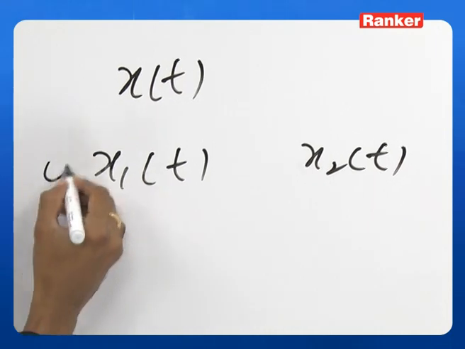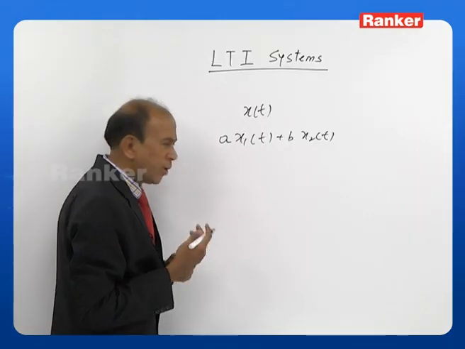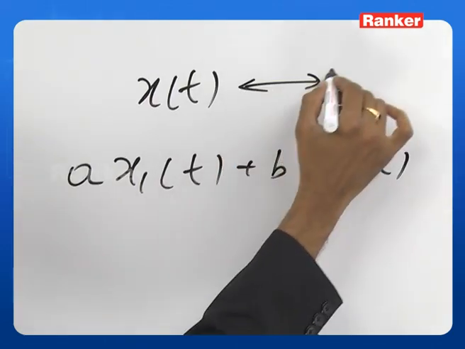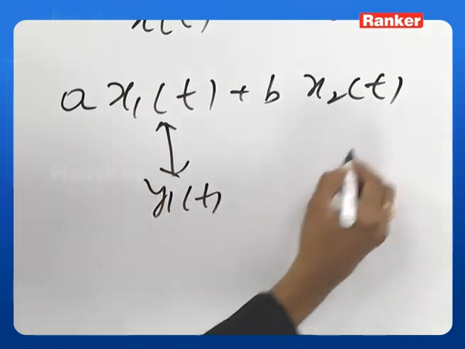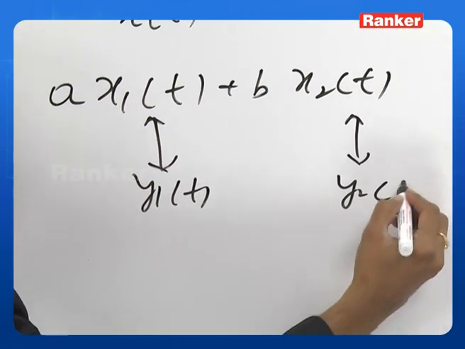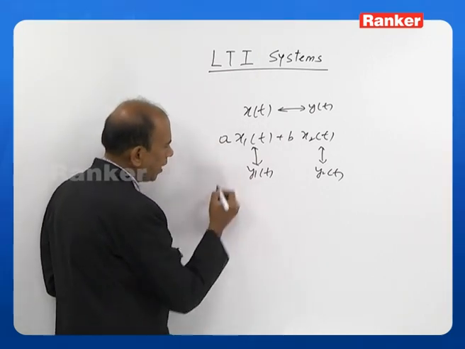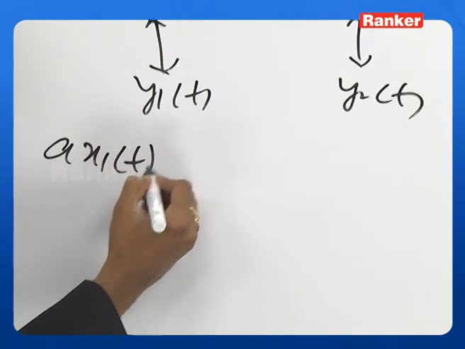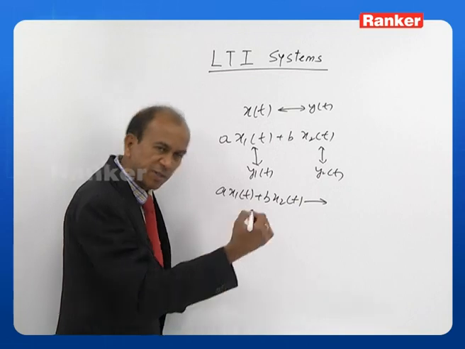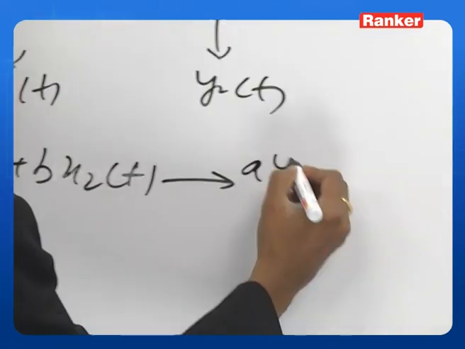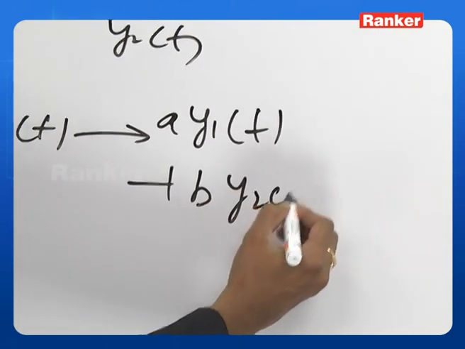Now, let us say x1 is weighed by a factor A and x2 is weighed by a factor B. Now, if x1 of t has a response y1 of t and x2 has a response y2 of t, then a x1 of t plus b x2 of t is what I give to the system. The system's response will be a y1 of t plus b y2 of t.